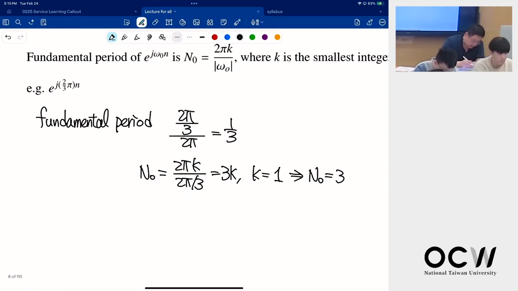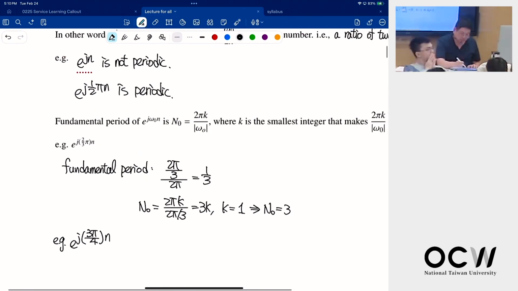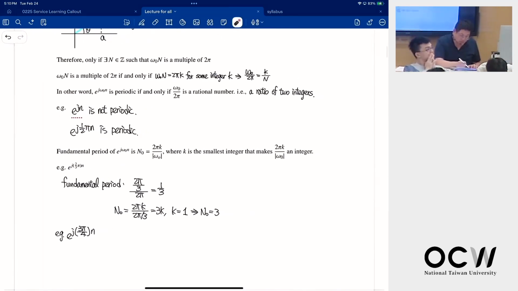And how about e to the j 3 pi over 4? Okay, let's find the fundamental period. And you can also tell me, what is the value of k? We need omega naught over 2 pi to be a rational number.